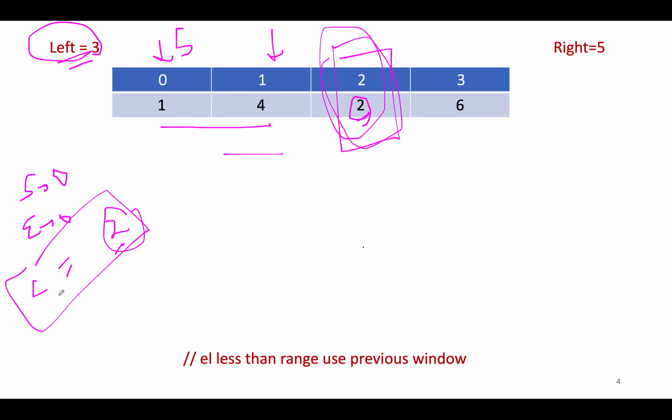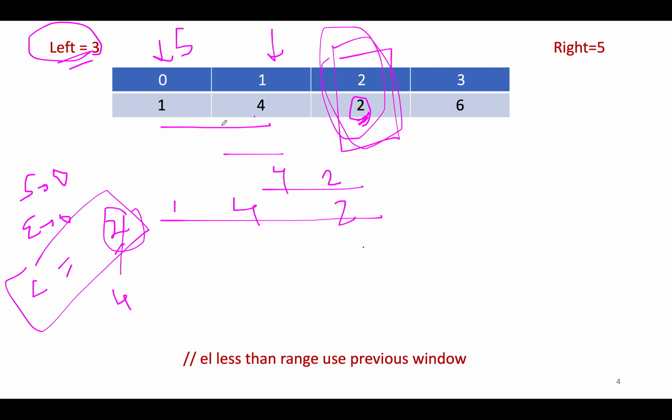The previous window size was 2, and we'll update the answer set by 2. Why am I saying this? Because what are the two sub-arrays that can be generated with the new element in place? They can be 1 4 2 and 4 comma 2.